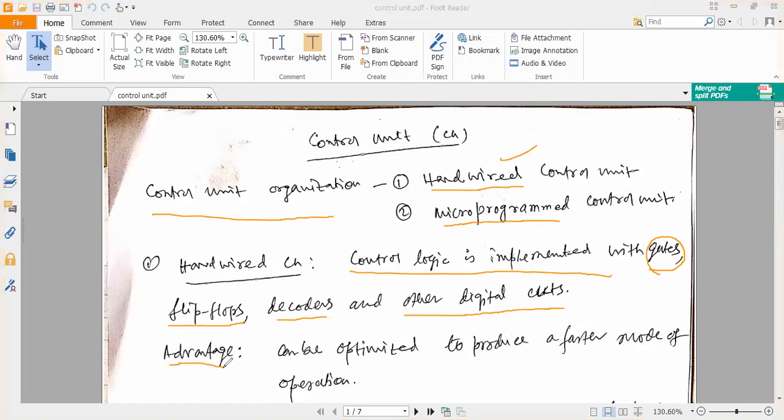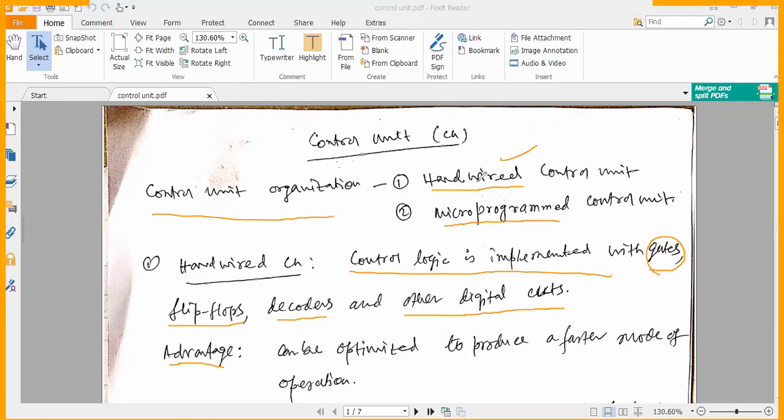So designing is simpler, but updating the hardware circuit is quite complex. So that is also a disadvantage, but it is faster, no problem at all.